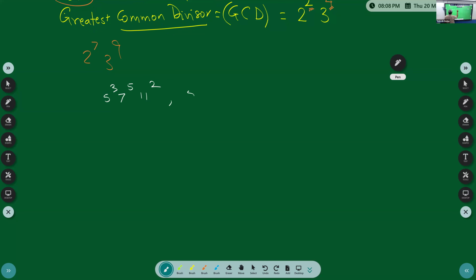Then 5 raised to 2, 7 raised to 6, 11 raised to 2 is the second number. And the third number, 5 raised to 3, 7 raised to 6, 11 raised to 3. Then GCD, LCM.